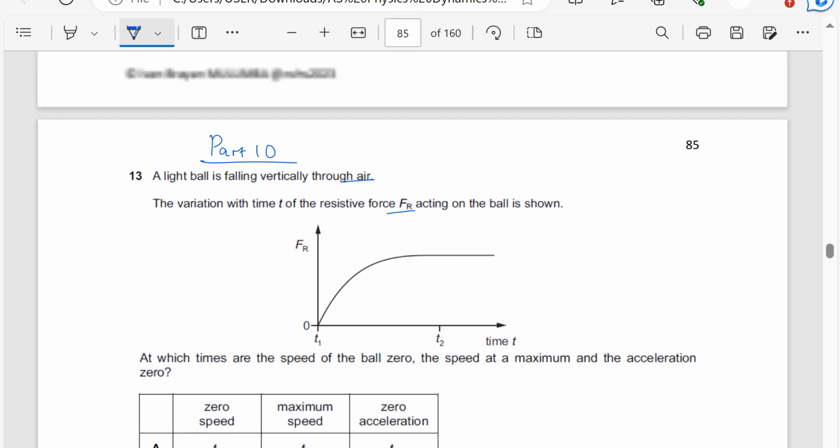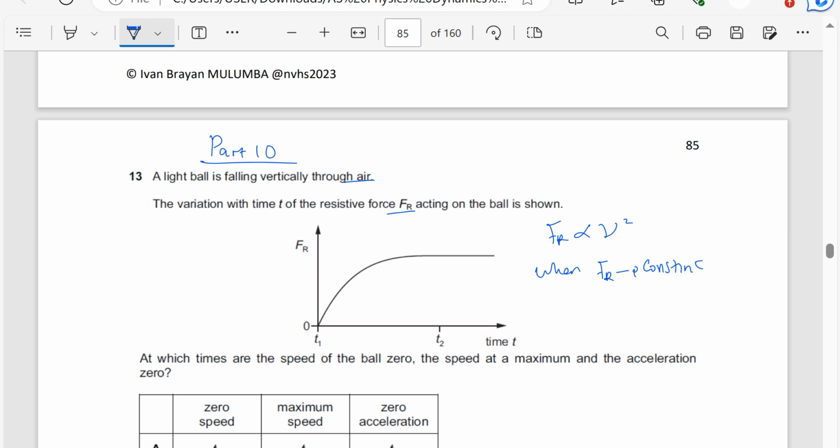So I want you to recall from your concepts of dynamics that the resistive force is directly proportional to the square of the speed. So when Fr is constant, it means that the speed is constant.